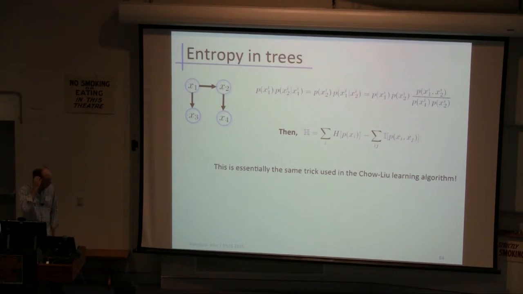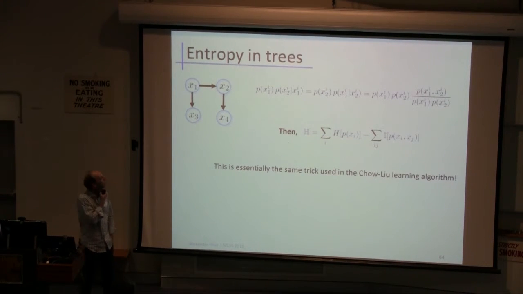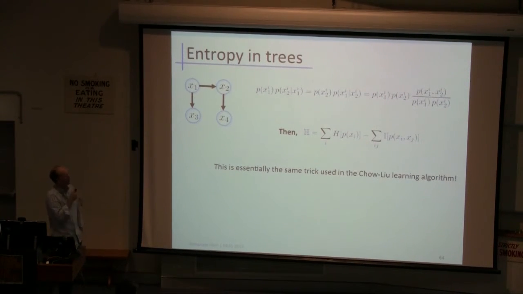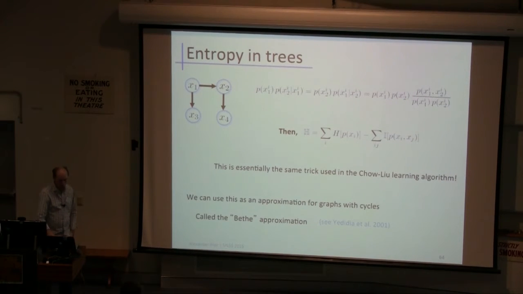So if you know the Chow-Liu algorithm for learning probability models in Bayesian networks, this rearrangement of things in terms of entropy of individual variables and mutual informations between pairs of variables is exactly the same trick that Chow-Liu uses to prove optimality. So this will only be correct in models with no cycles because it relies on this sequential expansion.